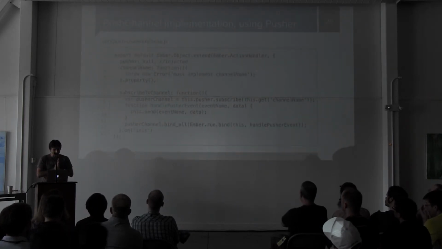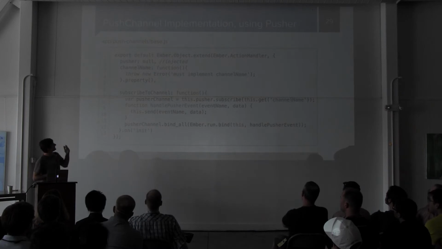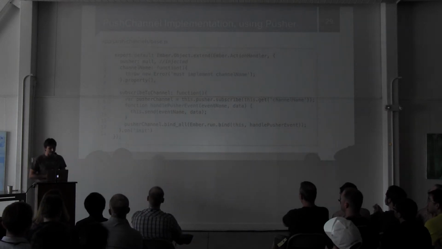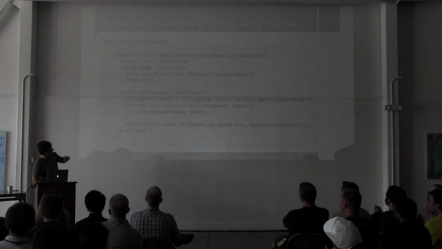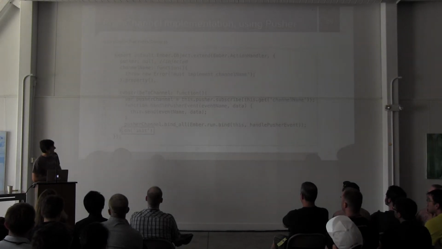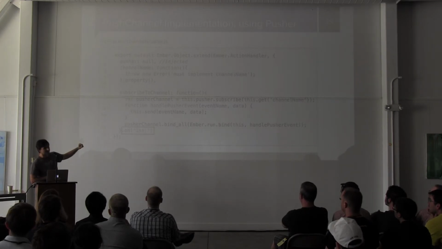What we're looking at here is the base class for a push channel. So each push channel that you want to create, you would subclass it, and this base class is what you would extend from. And you'll notice I'm using the ES6 syntax that Joe introduced us to this morning, the ES6 module syntax with export default at the top. You'll also notice down here at the bottom that this subscribe to channel method is decorated with a .on init.